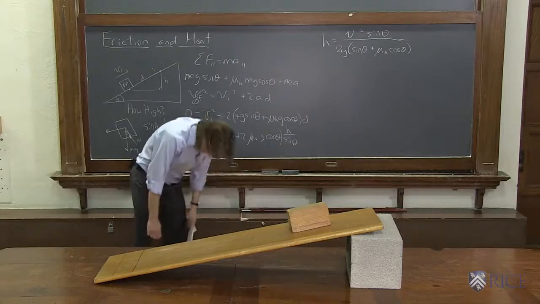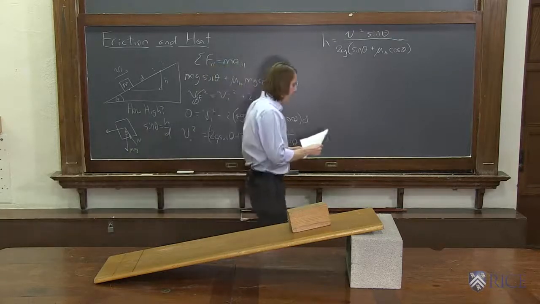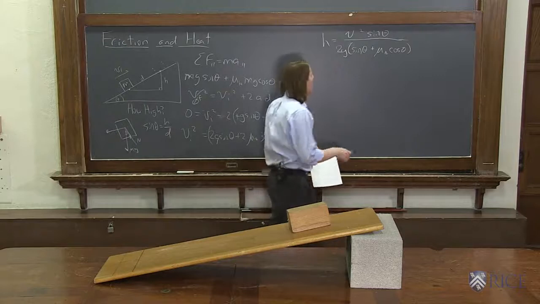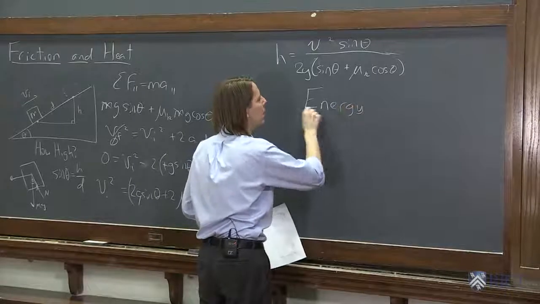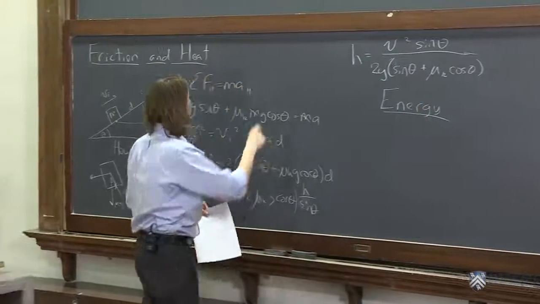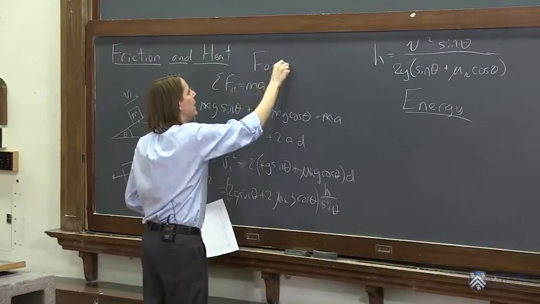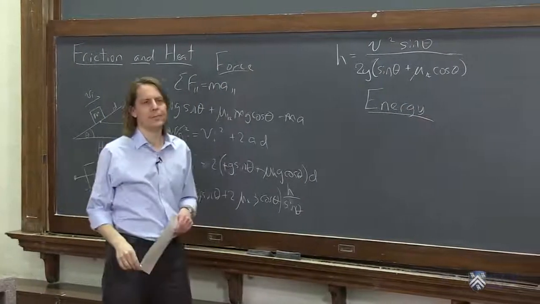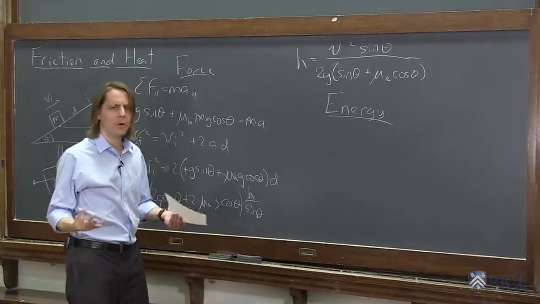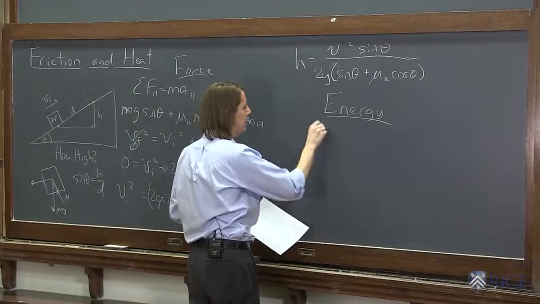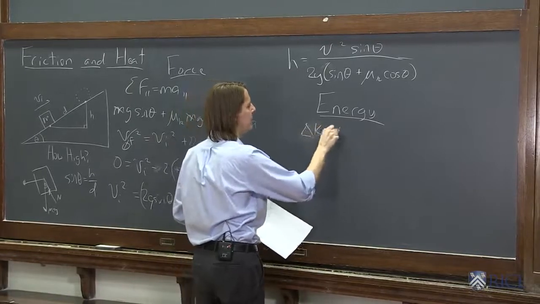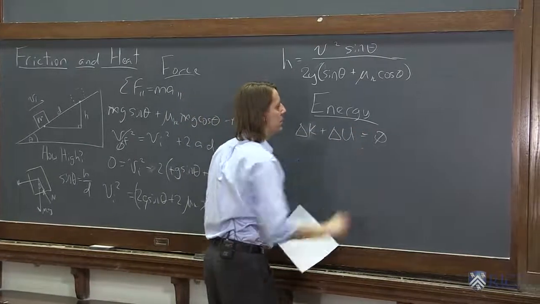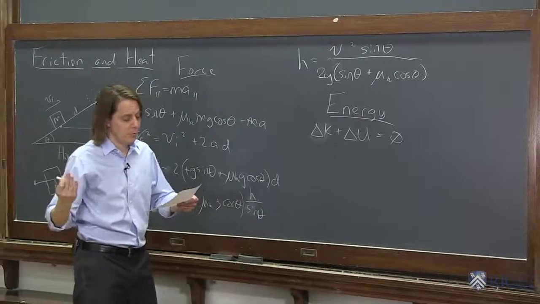Okay. Let's just calm down and do this with energy. That was the force way to do it. Let's do it with energy. From what we've learned so far, you would just say delta k plus delta u equals 0, and you would do what we've been doing.